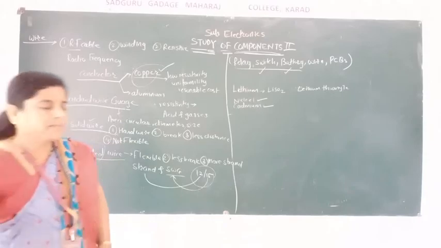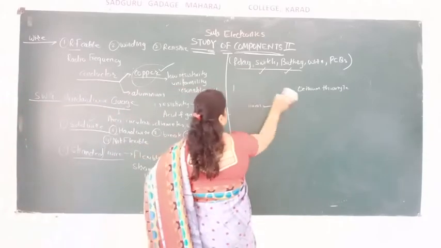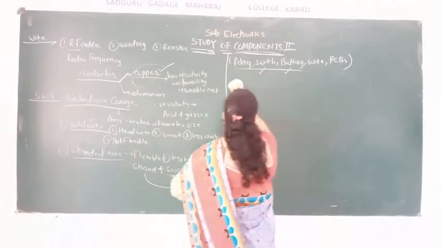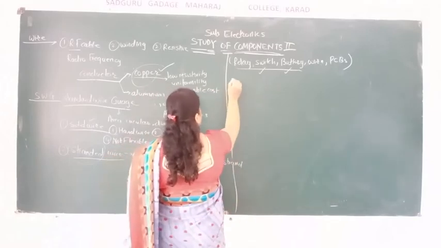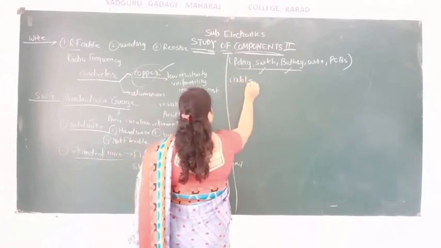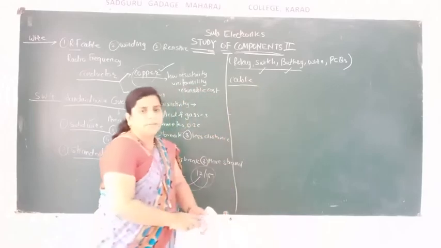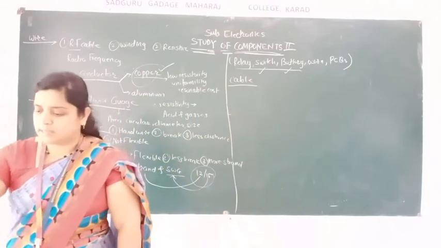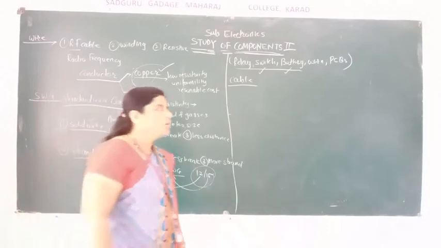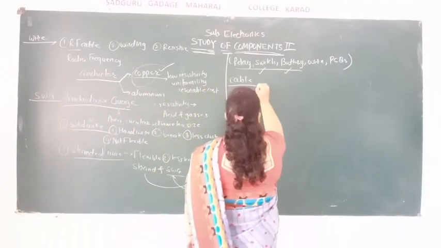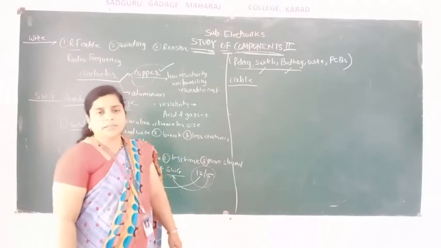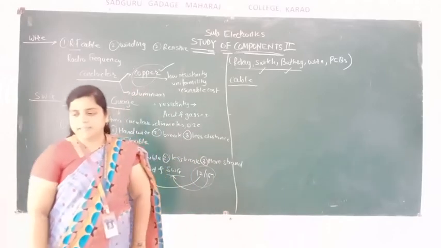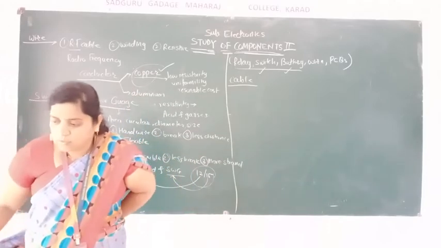Next is our cables. Which types of cables are there? There are many types of cable, but only some are in your syllabus. A cable is nothing but one type of wire used to connect two or more common cables in electronic components to connect devices.